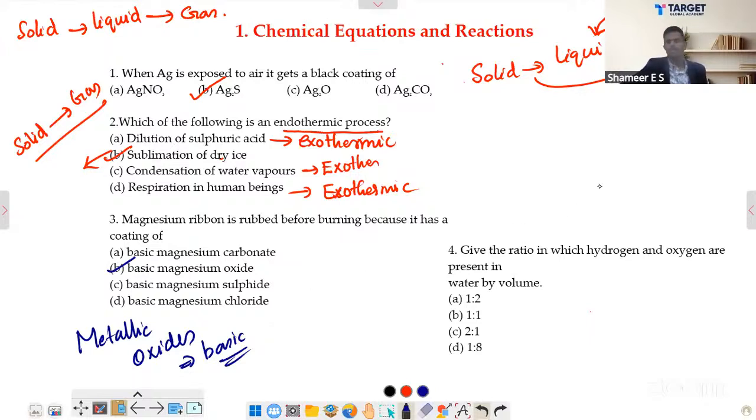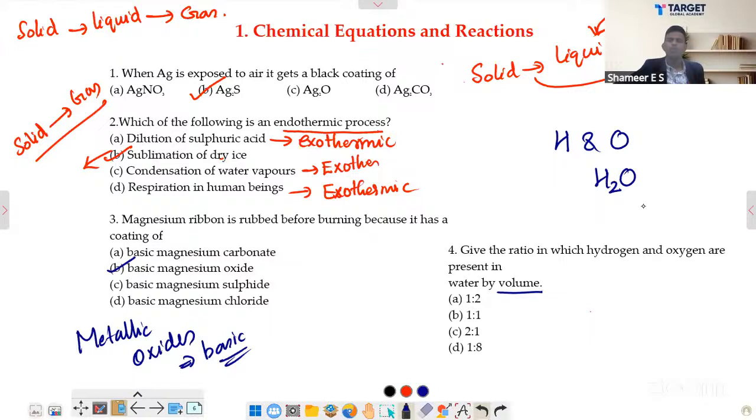Okay, next one. Give the ratio in which hydrogen and oxygen are present in water by volume. You know, water is H2O. So what is the ratio? It's very easy.